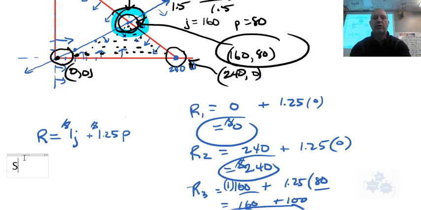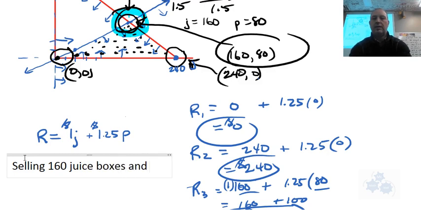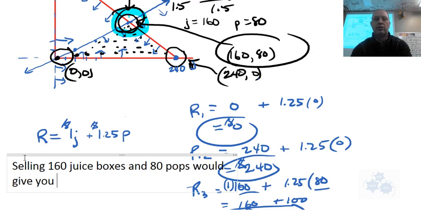Okay? So you would say, selling 160 juice boxes, or whatever they are, and 80 pops would give you 260 bucks in the maximum revenue.